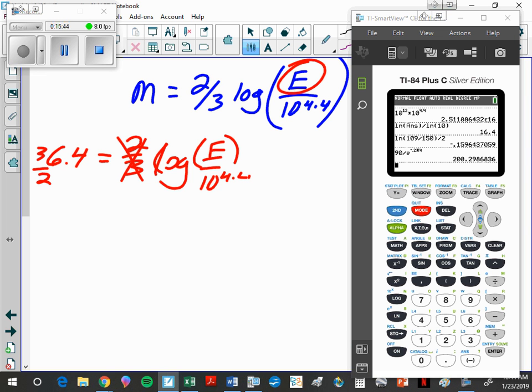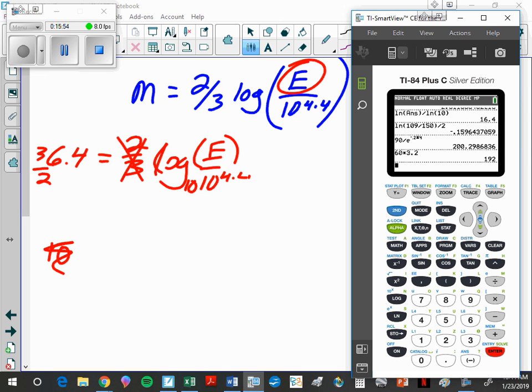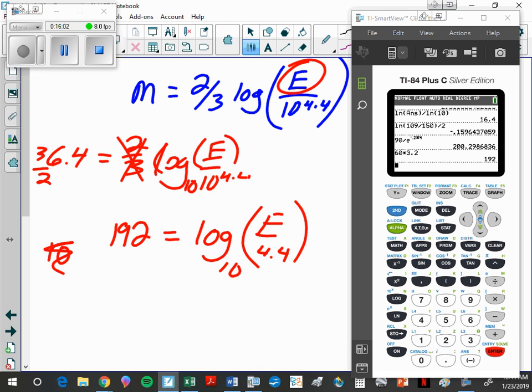I'm trying to do a shortcut. Let's not do it that way. Now I convert to exponents.